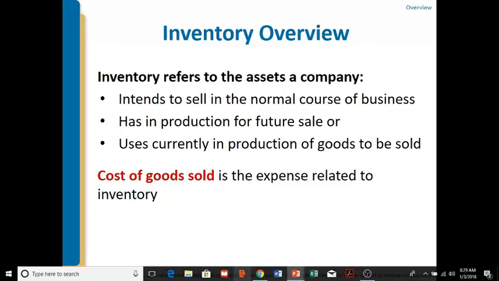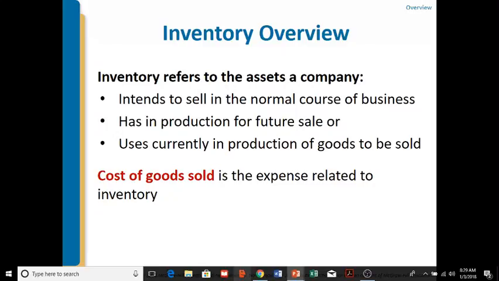Those things are not inventory because they don't intend to sell them in the normal course of business. They're going to use those in their business to help run the business. But those are not listed as inventory. They're listed as part of property, plant, and equipment, specifically equipment.